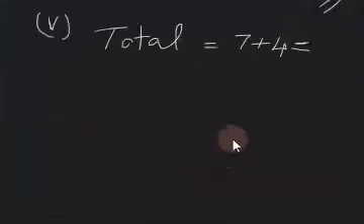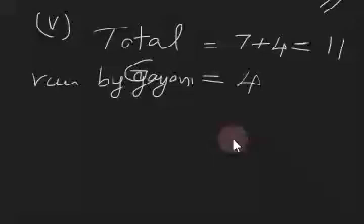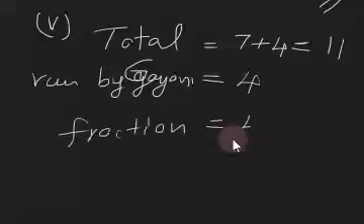Total, 7 plus 4, 11. Run by Gayani, Gayani ran 4 parts out of the 11. So the fraction is 4 over 11.